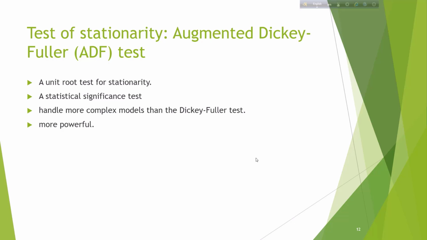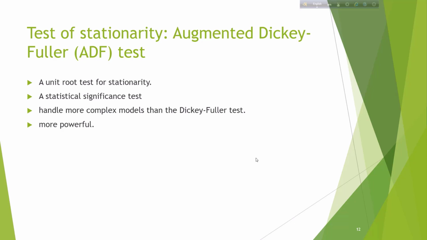So how do we check whether our dataset is non-stationary or stationary? There is a well-known test, that is the Augmented Dickey Fuller test. If the p-value is less than 0.05, then we can reject the null hypothesis, or if the p-value is greater than 0.05, then we cannot reject the null hypothesis, it is accepted.